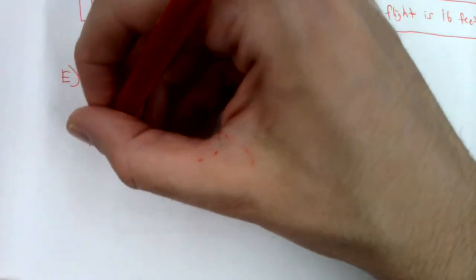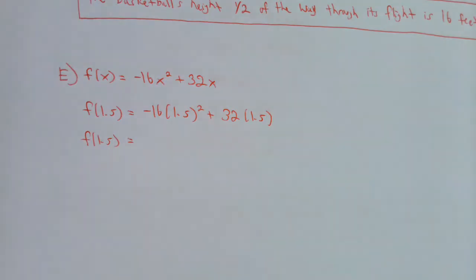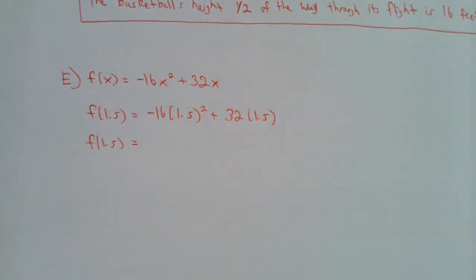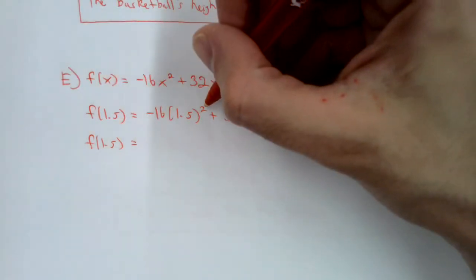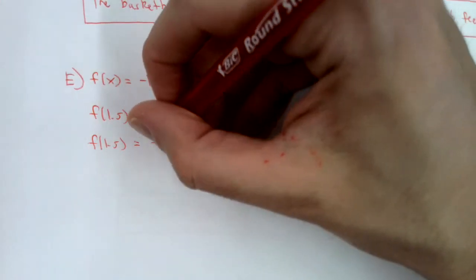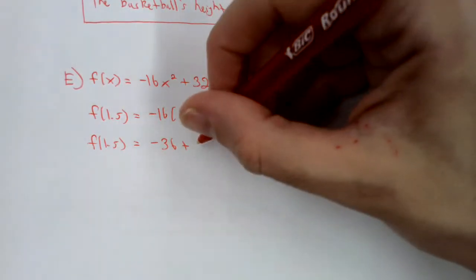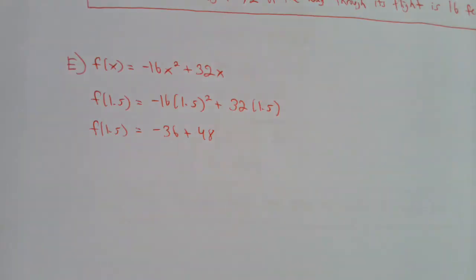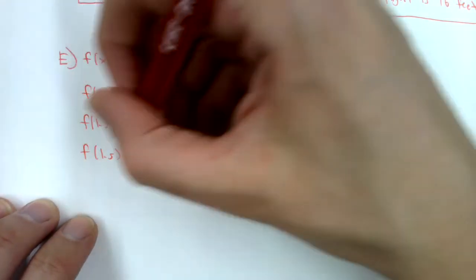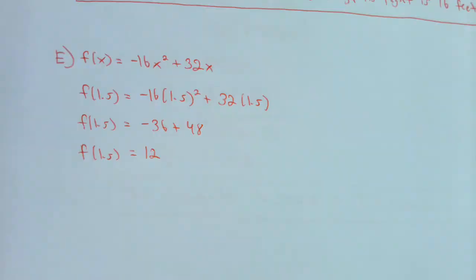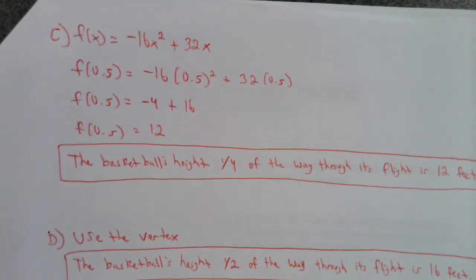He says, like he doesn't know the answer already, okay? 1.5 squared times -16. Again, do it on your own to make sure you're doing it right. 1.5 squared first, 2.25 times negative 16 gives you negative 36 plus 48. So it is, in fact, 12. The same answer as part C, which I mentioned earlier.